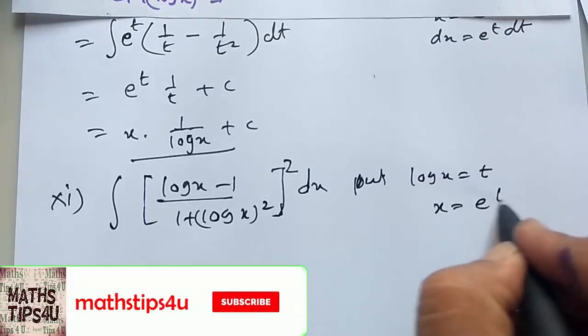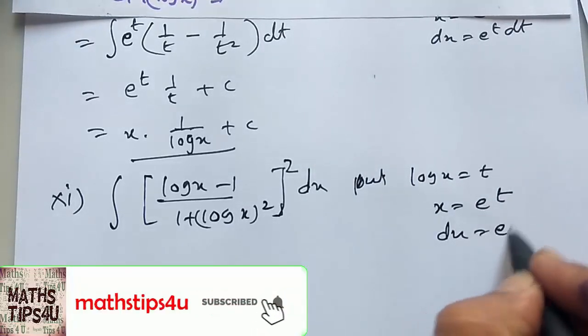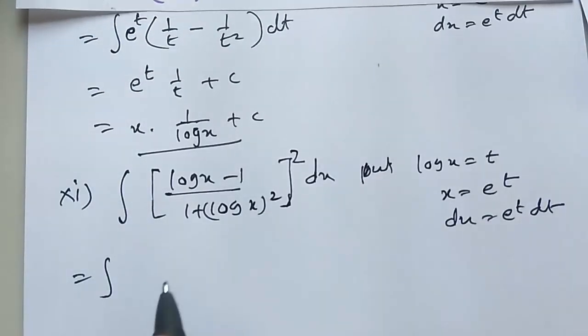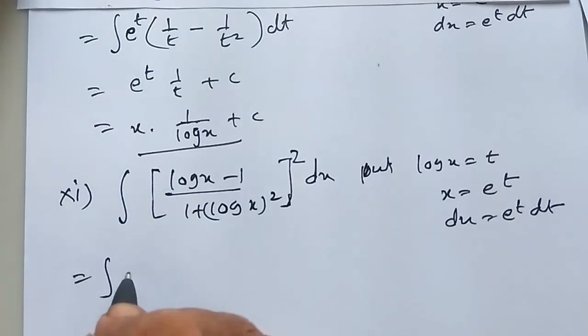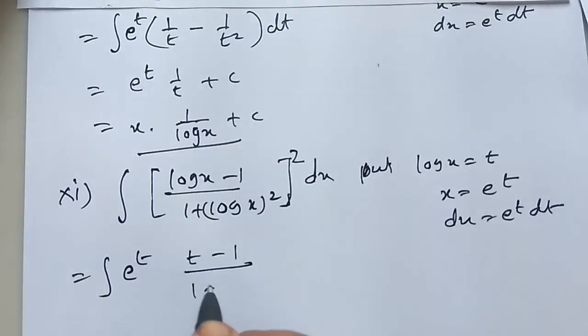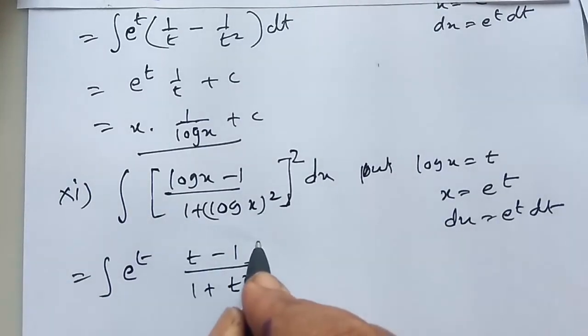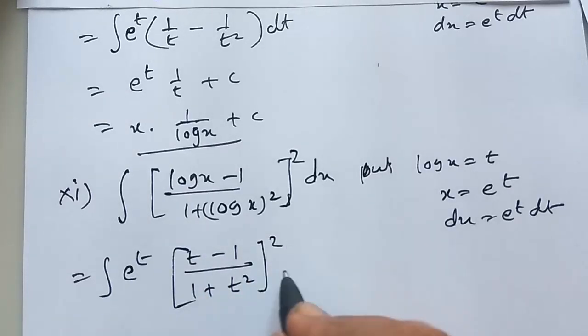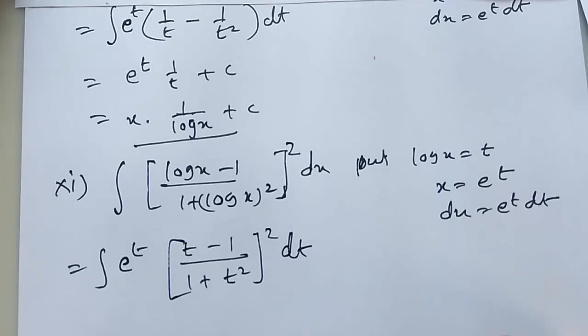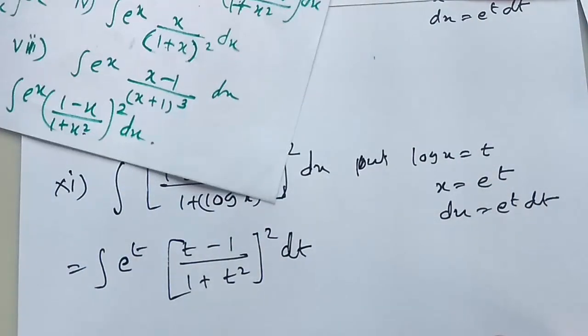So x is equal to e raised to t, dx is equal to e raised to t dt. So this becomes, dx is replaced by e raised to t, here (t minus 1) upon (1 plus t square)^2 dt.